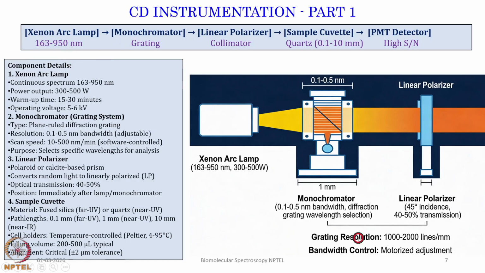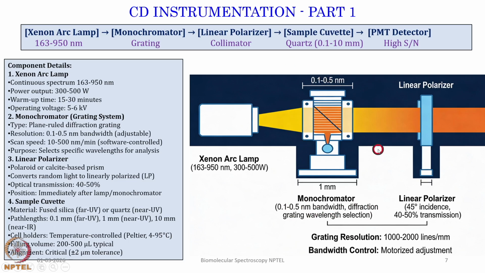Then we have a monochromator, here a grating, and the grating gives a variable bandwidth. Diffraction was one of the ways to make it polarized.